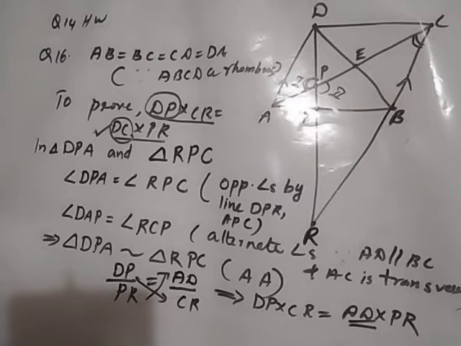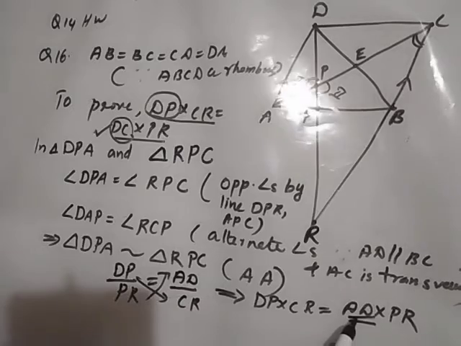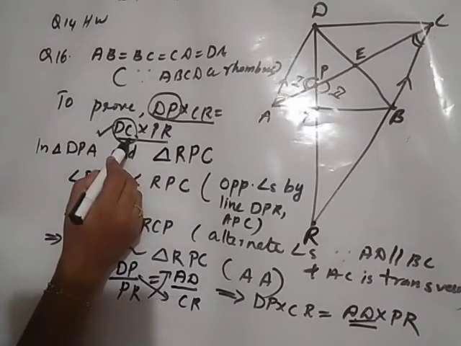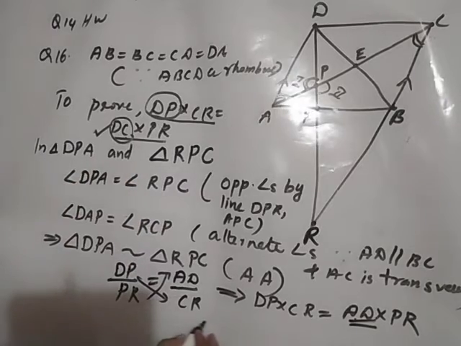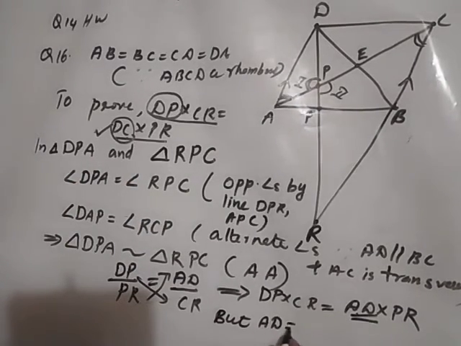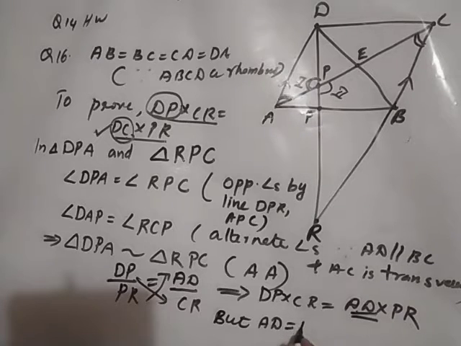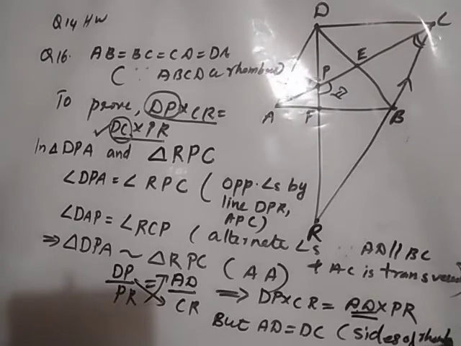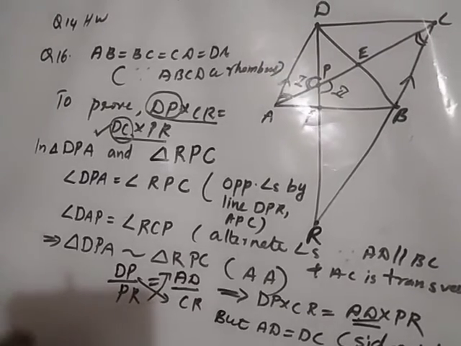All the lengths are the same. We need DC instead of AD. Are they equal? Yes, length AD is equal to length DC, sides of rhombus. So they are equal.